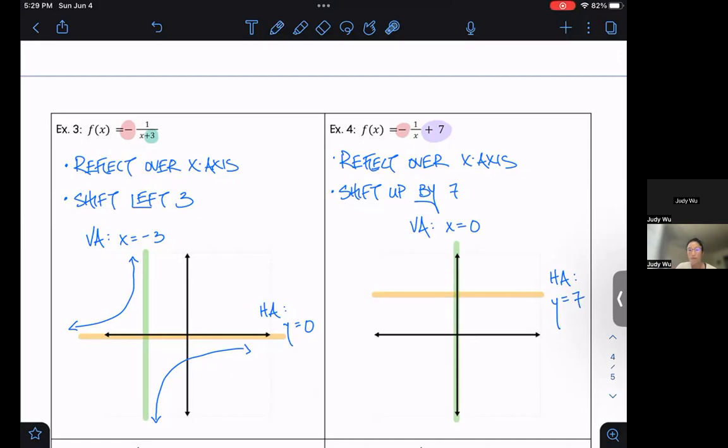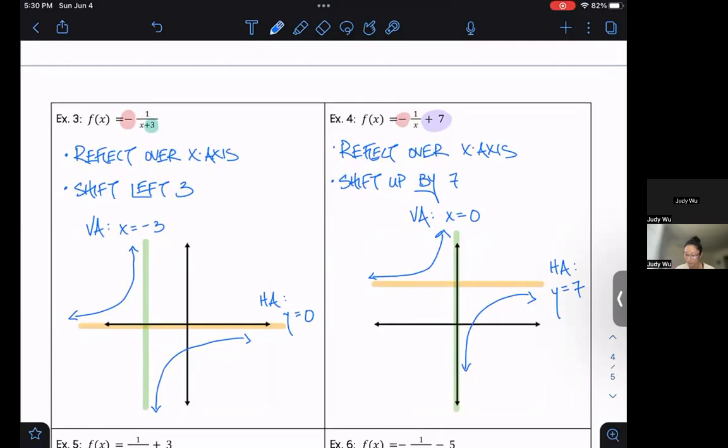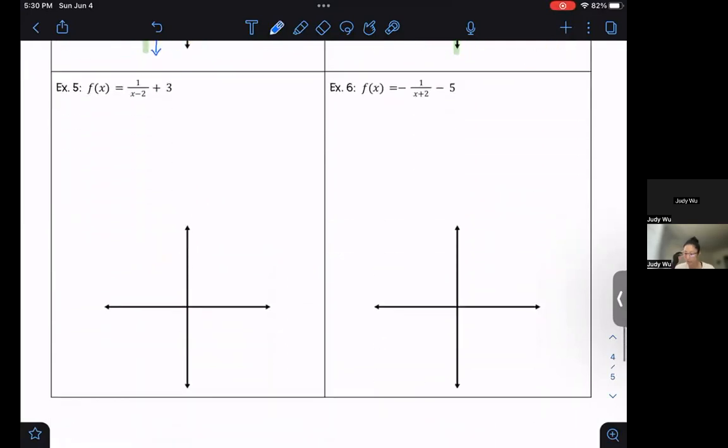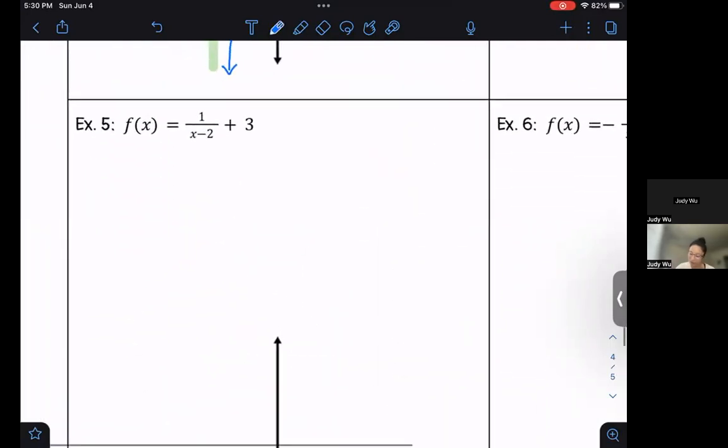Now, my reflection over the x-axis means that in my new sort of coordinate, I don't want to be top right and bottom left, but I actually want to be top left and bottom right. Okay, so here's one branch, here's another branch. Presto bingo, we've got full credit. Okay, all right, 2 more examples. Let's take a look at example 5.